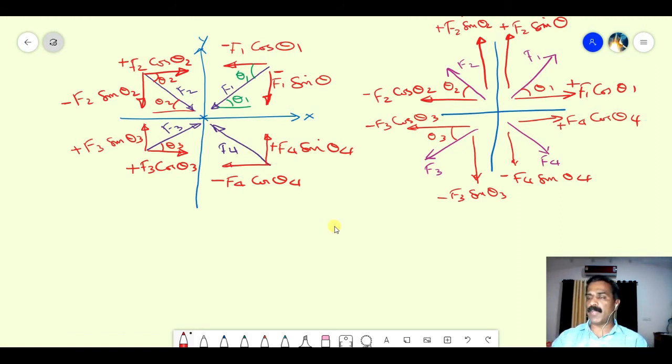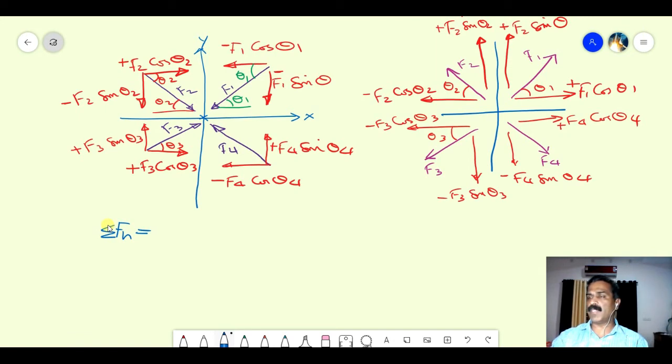So the algebraic sum of the horizontal components is denoted by sigma Fh. Okay, so what is sigma Fh?